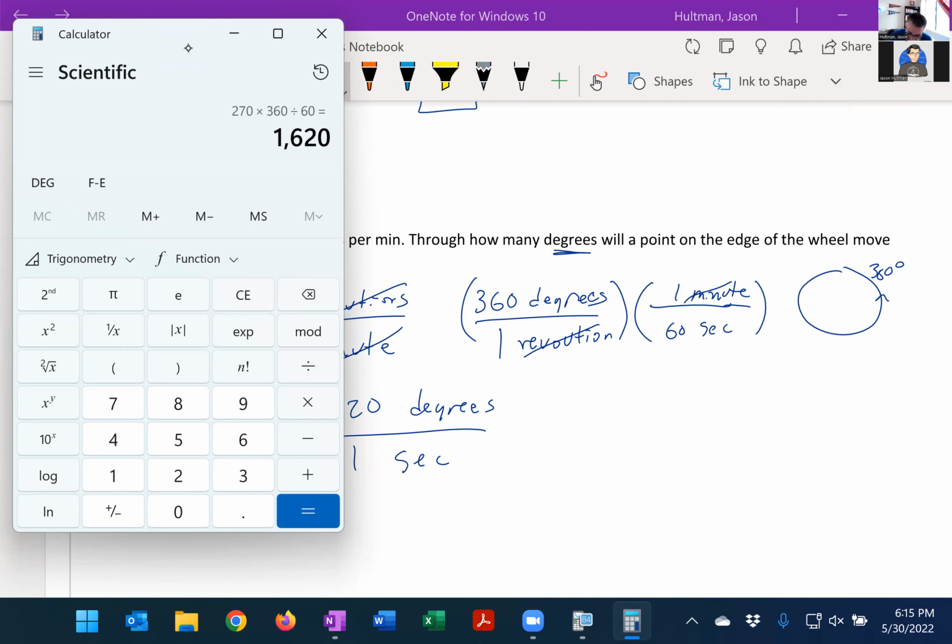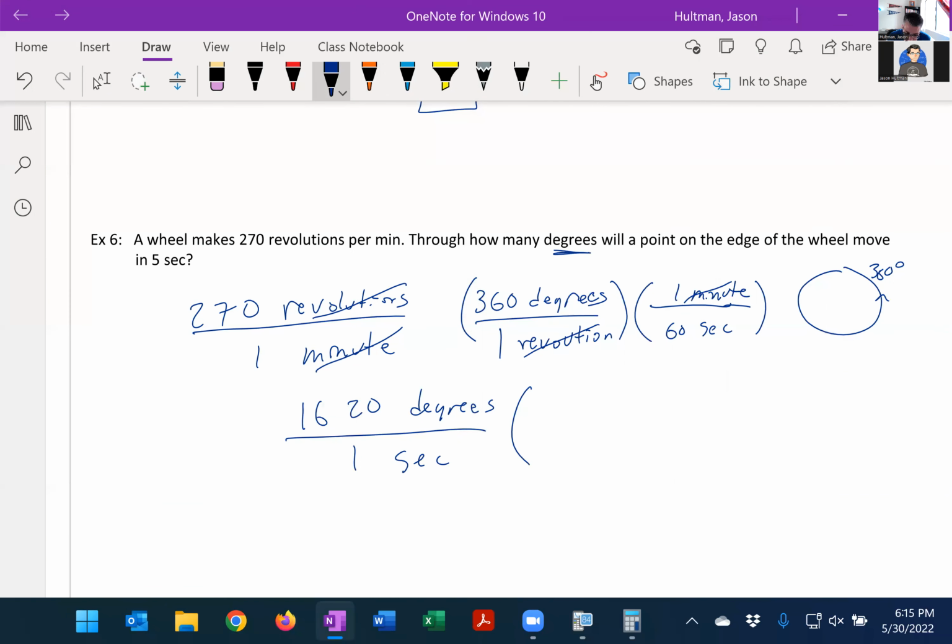So that's 1620. And what I'm going to do with this is multiply it by 5 seconds. Okay, so times 5 seconds, and that will give me the number of degrees in 5 seconds.